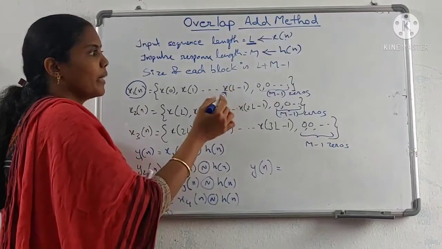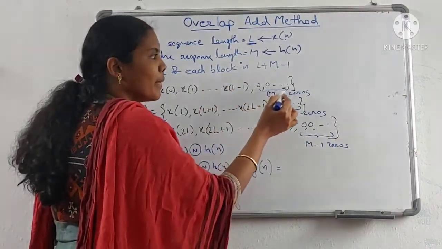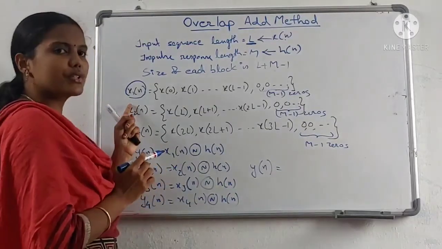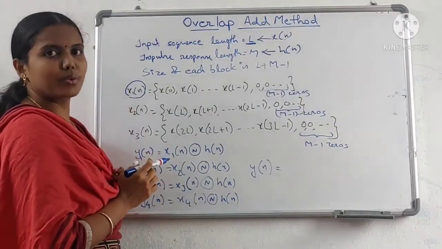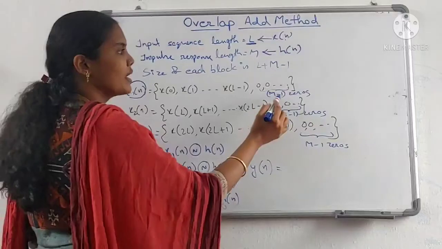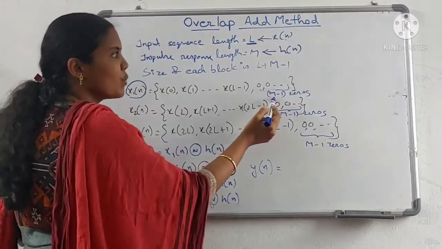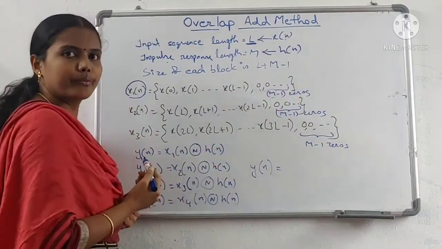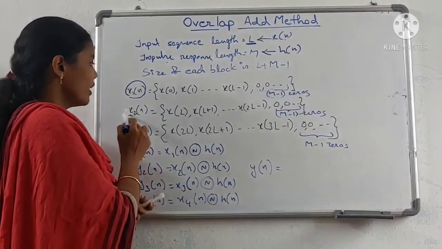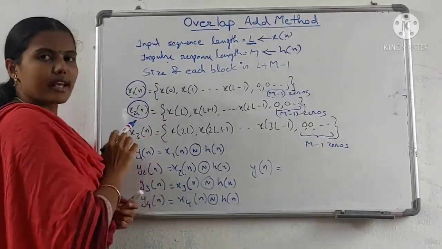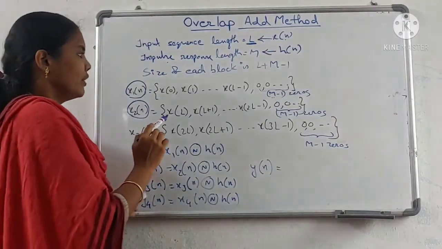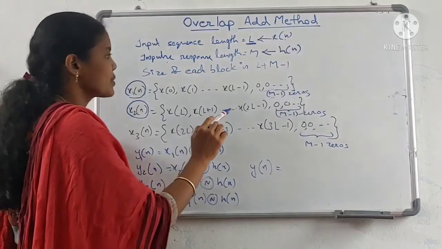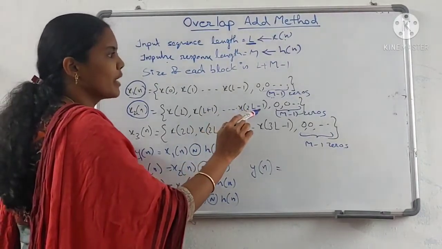In this overlap add method, add M minus 1 zeros at the end of x1 of n. M is the impulse response length. In the same way, the second block of data is x2 of n, that is x of L, x of L plus 1 and so on up to x of 2L minus 1.